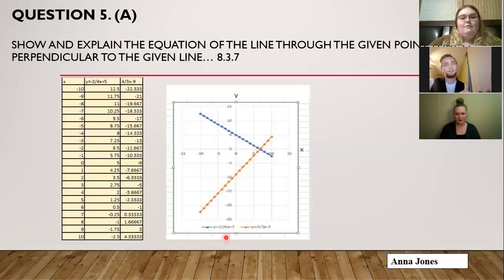So on the table, you can see here that we did that because we took the reciprocal of -3/4 and changed it to 4/3. Oh, okay. Yeah, I see where it's opposite up here now. So it really kind of is just a matter of plugging in the right numbers and then just evaluating them from there. Yeah.